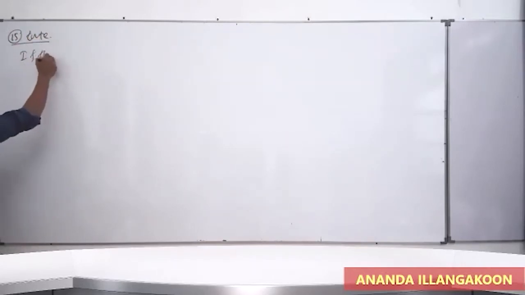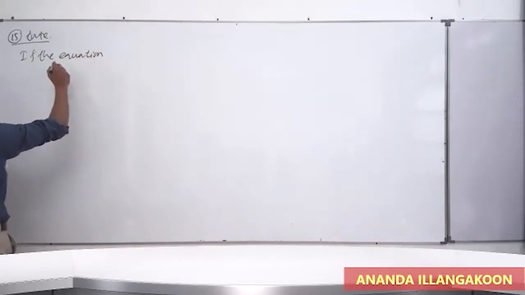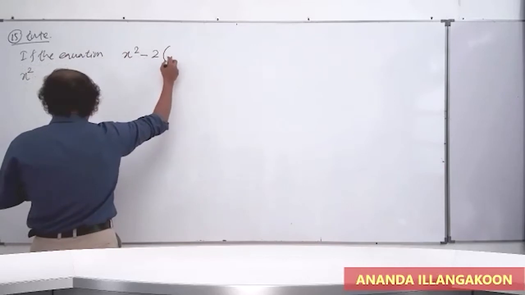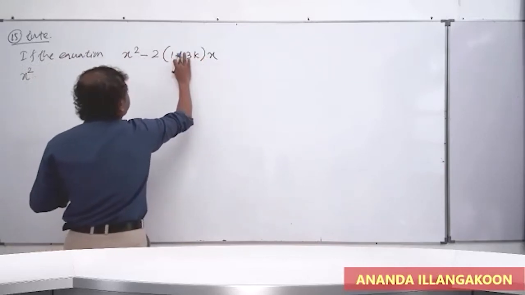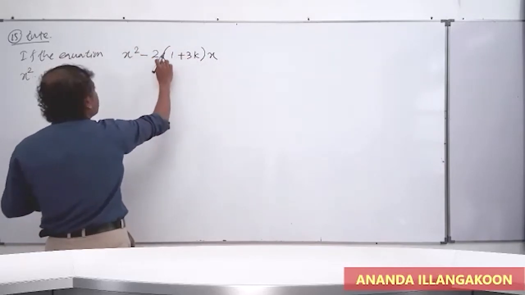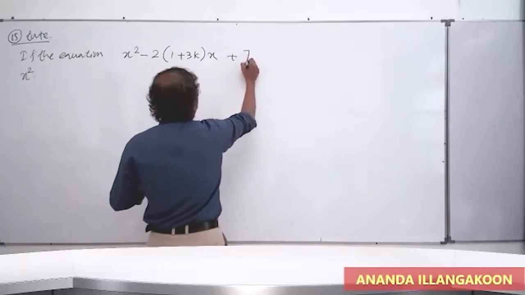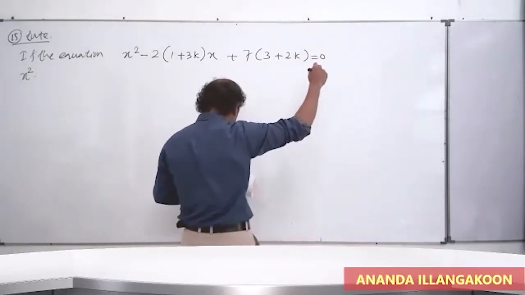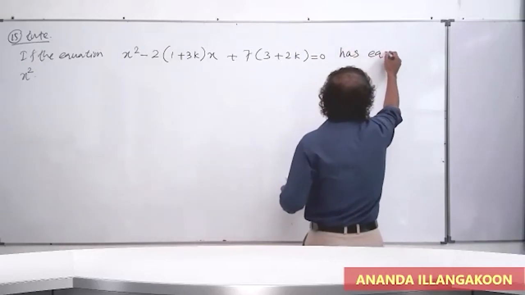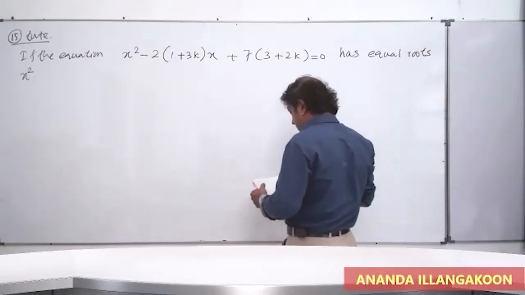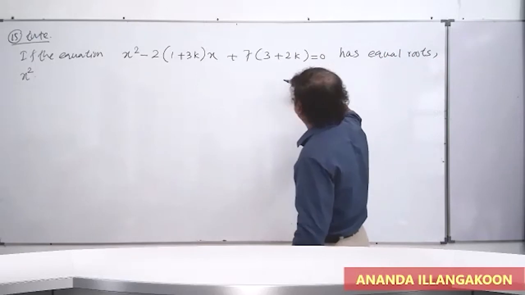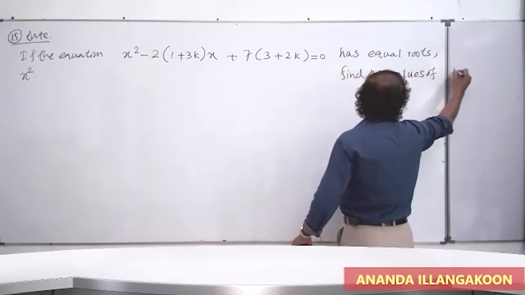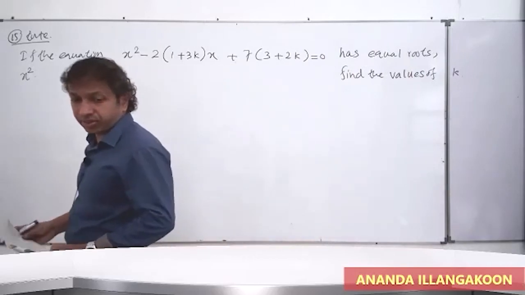If the equation x squared minus 2 times 1 plus 3k x plus 7 times 3 plus 2k equals 0 has equal roots, find the values of k. That is the question.